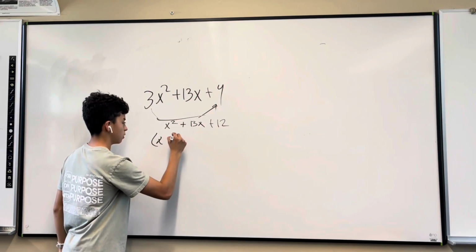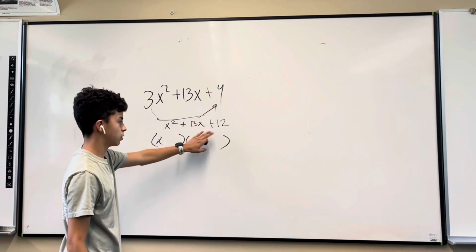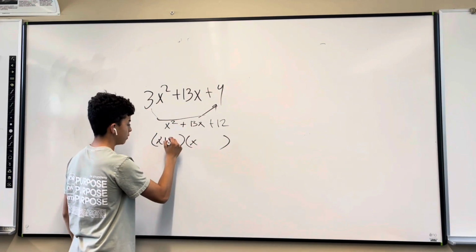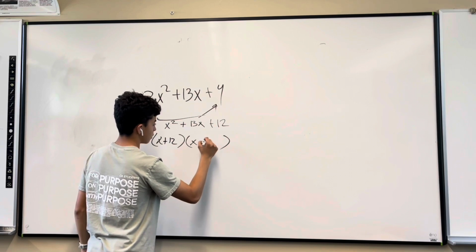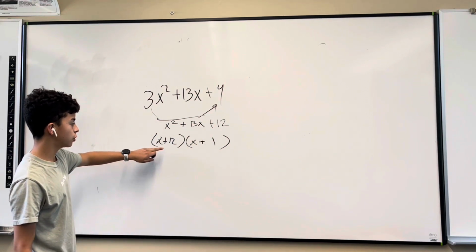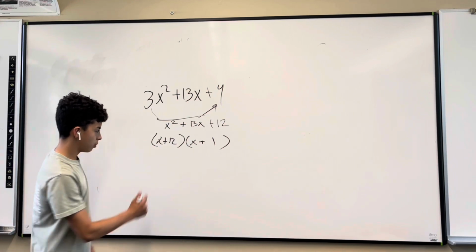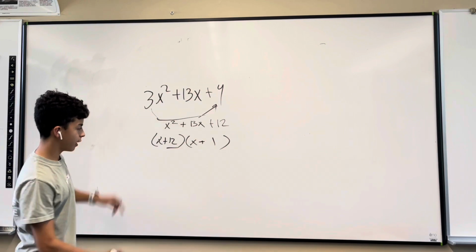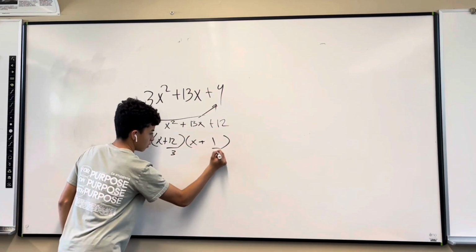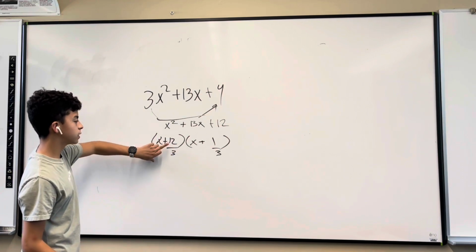Then, you're going to factor out what that is. So this multiplies to 12, adds to 13. So same thing, 12 plus 1. And then your answer's not finished here, but what you're going to do is you're going to divide out, right here you're going to put a fraction, divide out your a. So 3. You're not going to simplify this fraction.